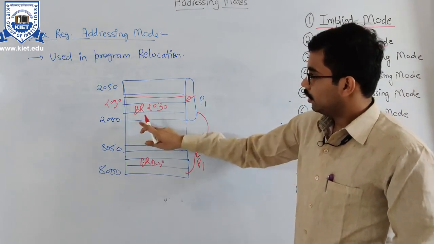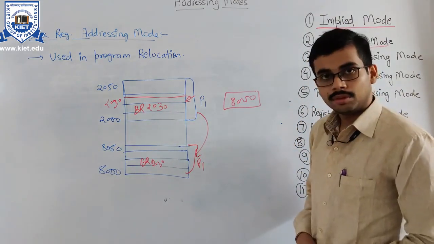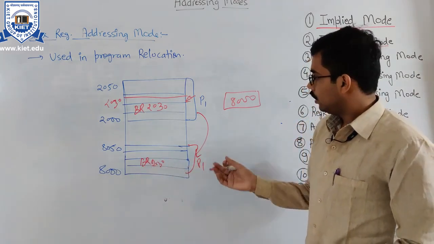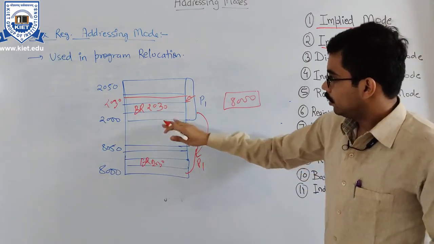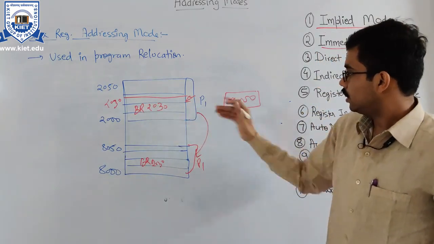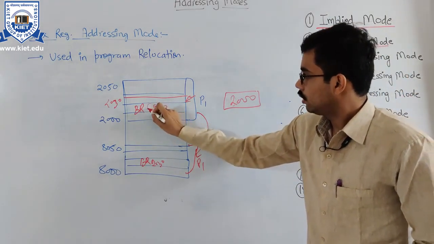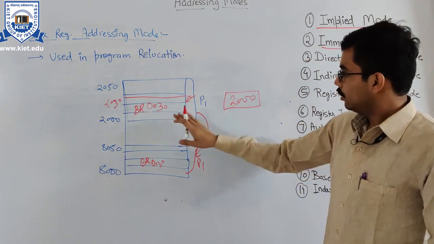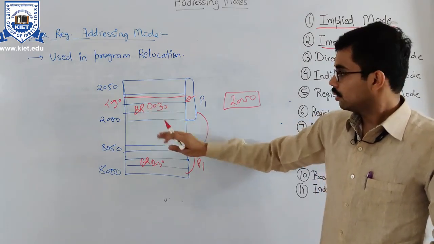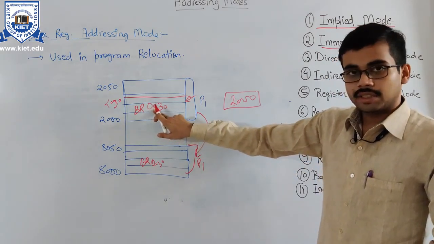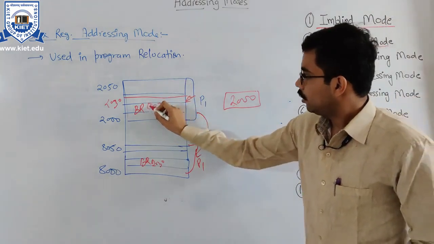That's why we use a base register to contain the base value. Here we can keep the base register value as 8000. Suppose initially it was 2000; now it will just store 0030, and we add the base register value to this address to get the address of this instruction in the whole program. So the value will be 2030.